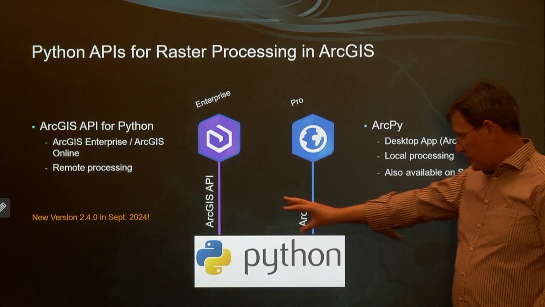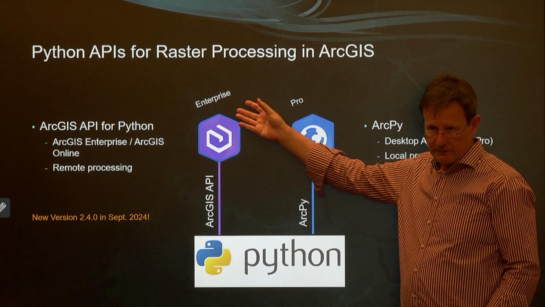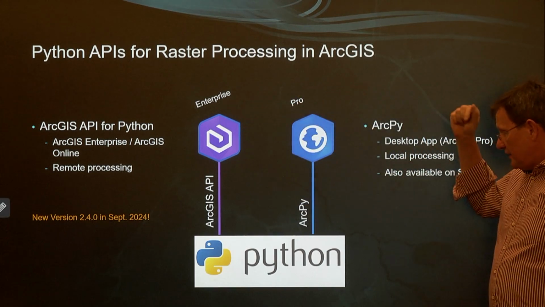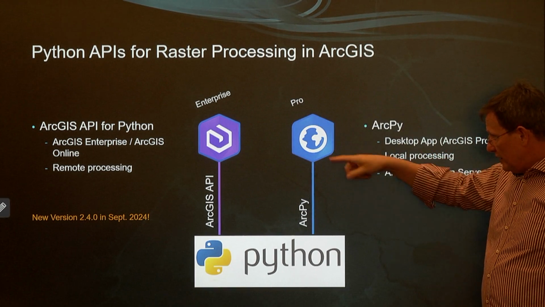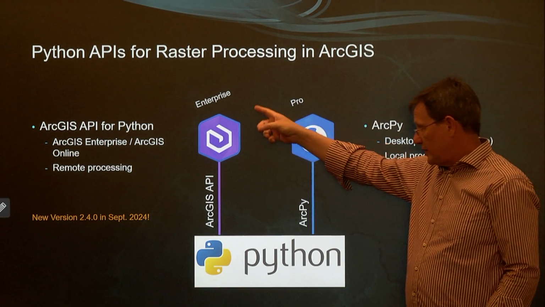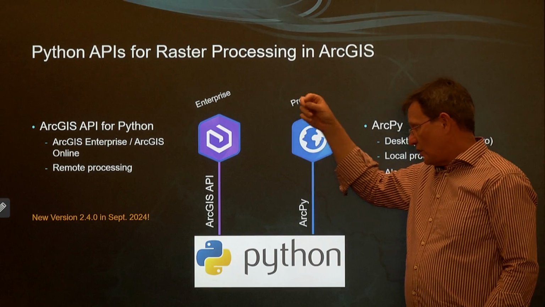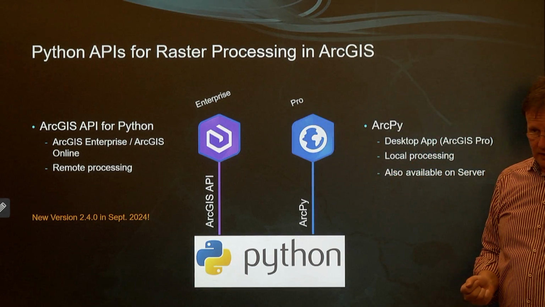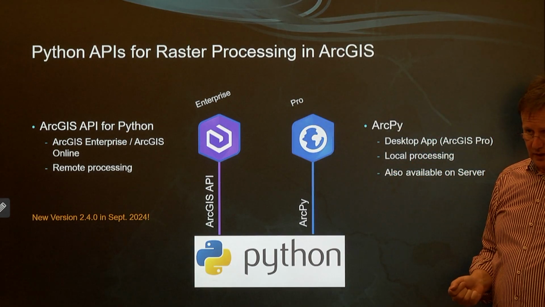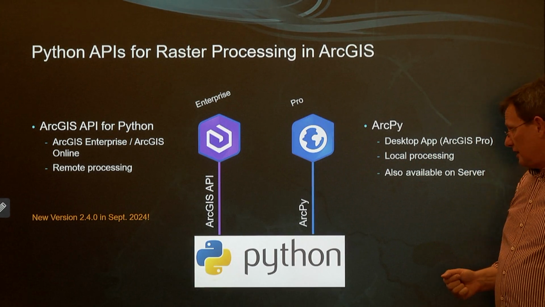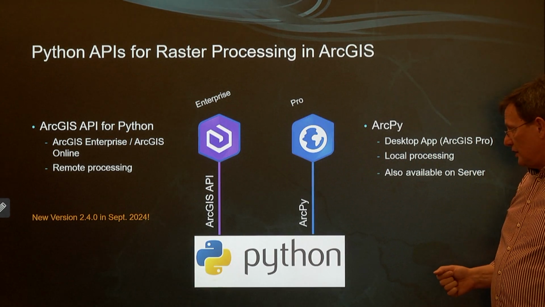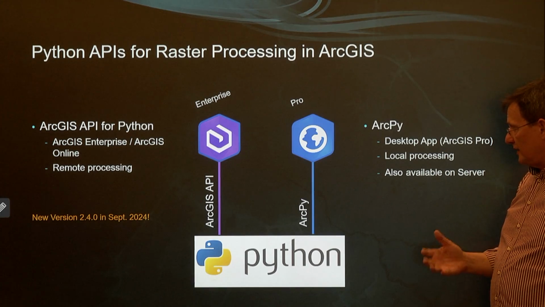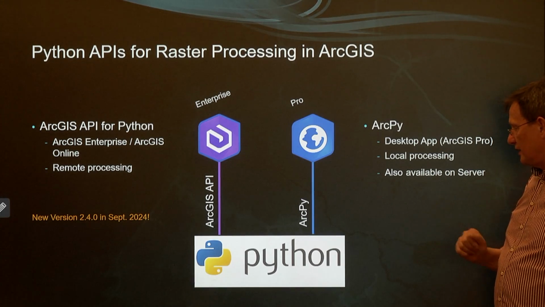First, it's the ArcGIS API for Python. It is meant, as the name says, to connect to Enterprise and online, to work on services and cloud sources, and do a lot of processing in an enterprise/server environment.